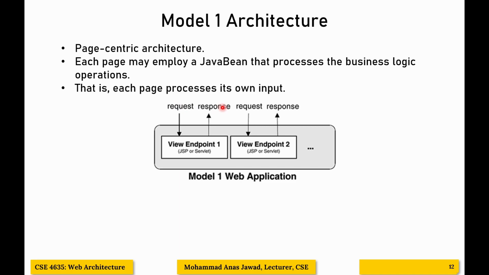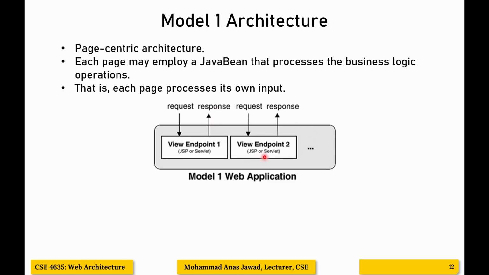What's important here is any request that is coming for this first view, that is view endpoint 1, is going to be handled by the view itself, and the processing is going to be done within the view. And finally, the response is going to be sent from the view to the client. Similarly, if there is any request for the second view, then that request is going to be processed inside this view, and then the response is going to be sent back to the client from the second view.